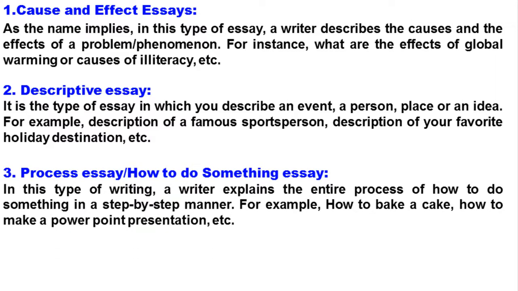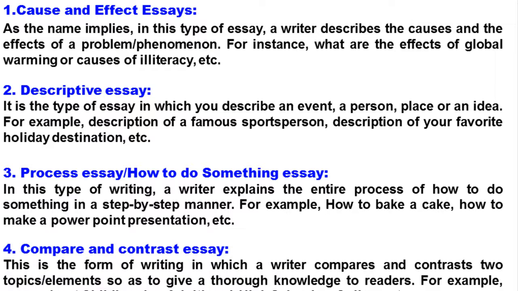Process essay. It is also called how to do something essay. So as its name suggests, in this type of writing, a writer explains the entire process of how to do something in a step-by-step manner. For example, how to bake a cake, how to make a PowerPoint presentation, how to cook tea, and so on.